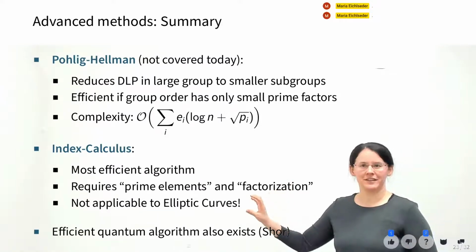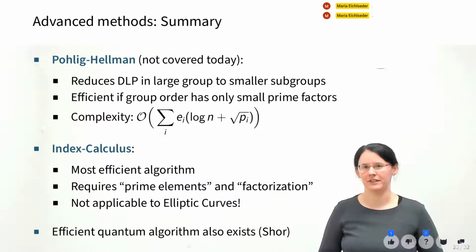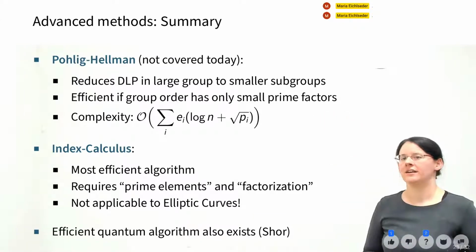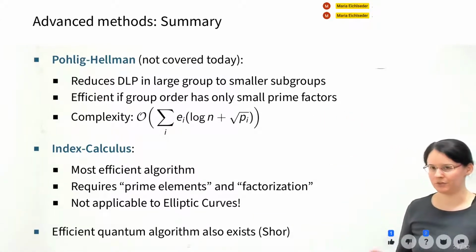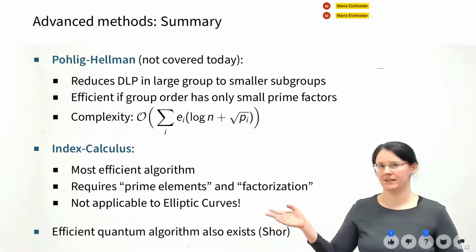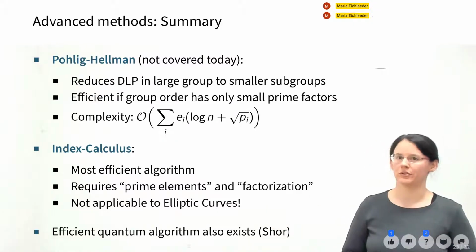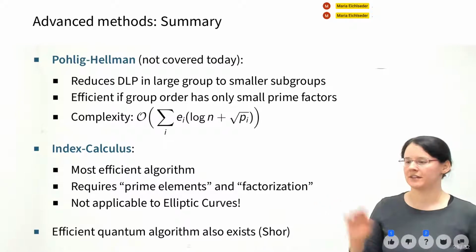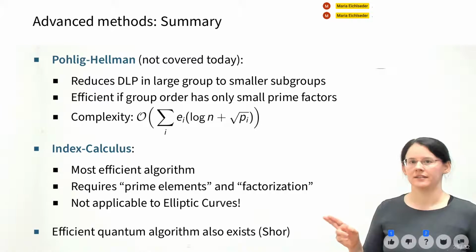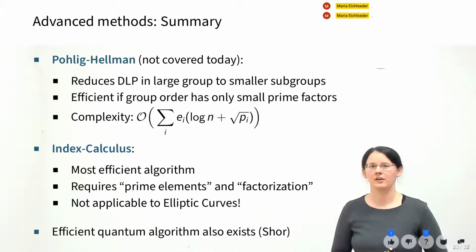Anyway, we don't usually have that in the curves that we use, so we cannot apply this algorithm in case of the elliptic curves we use, which means we are reduced to using only the generic methods, which means in case of elliptic curves, we're left with this square root of n complexity, so exponential, whereas if we're dealing in the multiplicative group modulo something, we suddenly have this algorithm with sub-exponential runtime, meaning the key sizes for finite field arithmetic are going to have to be a lot bigger.